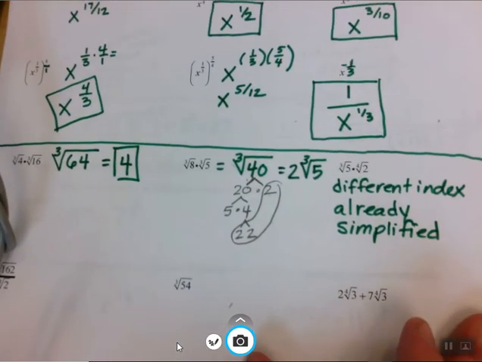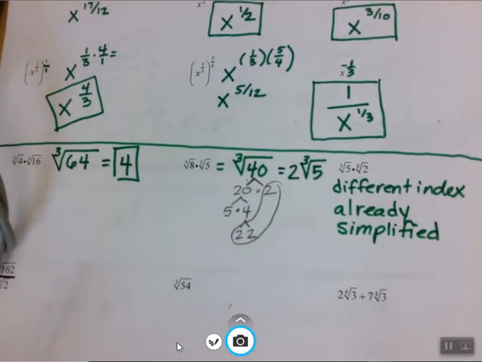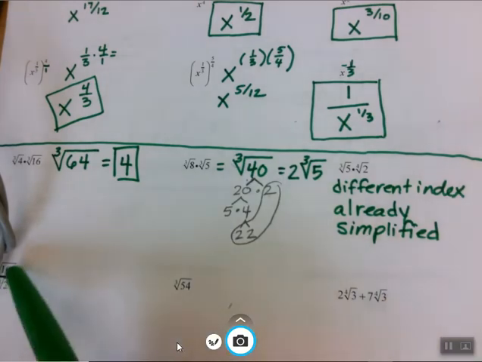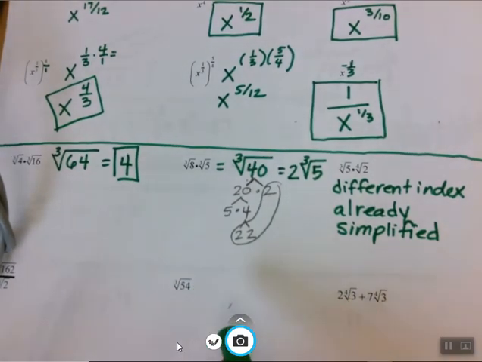If you have a different index, you cannot combine them. So we say that's already simplified. So I'm going to give you a minute to try these problems down here. We haven't done problems like this, but you might still be able to figure it out from things you know from before. So I'm going to pause the video and give you a minute to work that out.